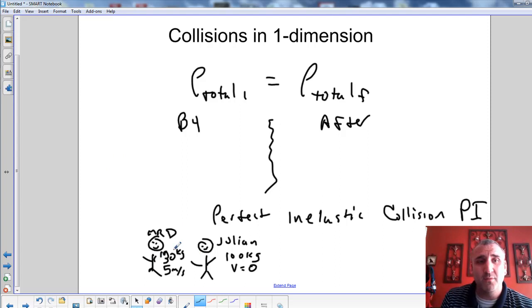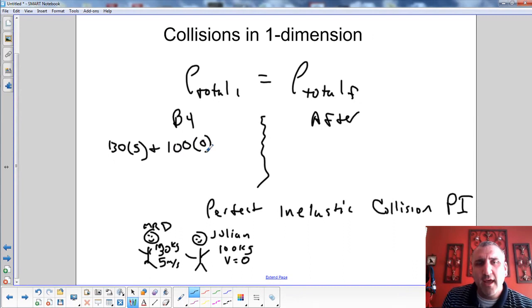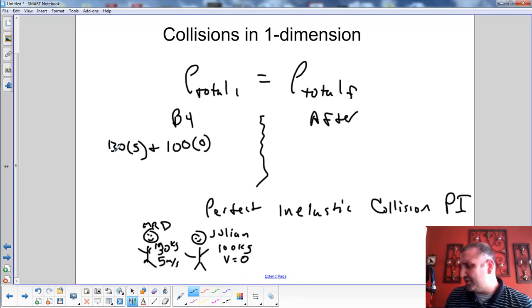In order to get my momentum, we need my mass, which is 130, times my velocity, which is 5, plus Julian's momentum, which is 100 times 0, and we get the total. 130 times 5 gives me a momentum of 650 kilogram meters per second.